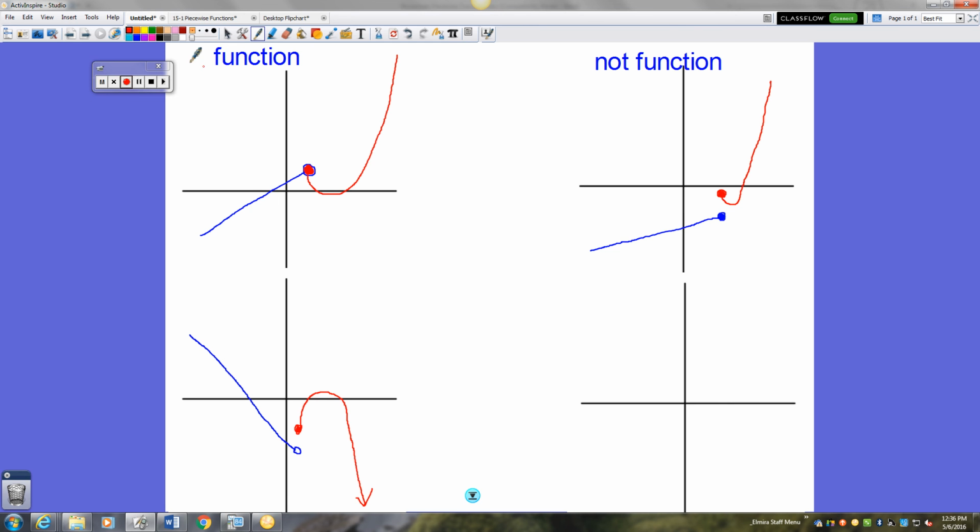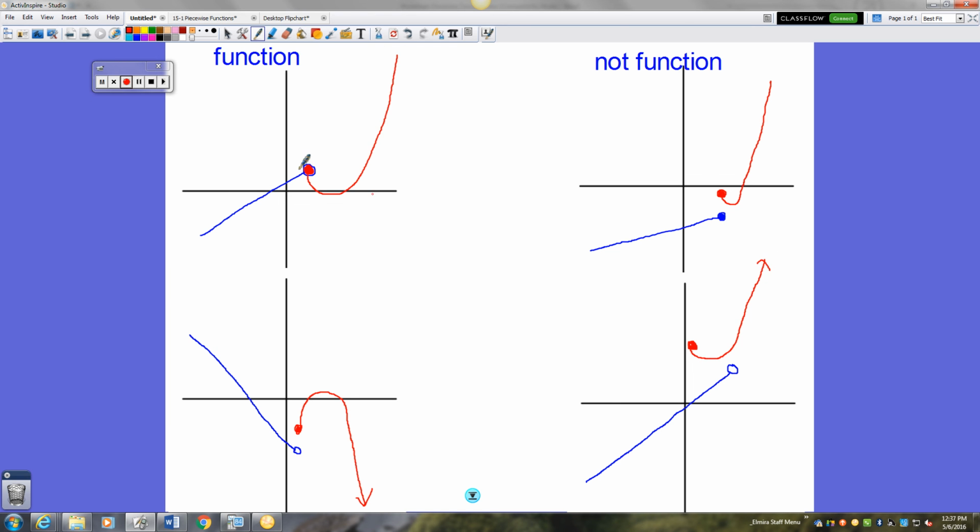Okay? The other way it's not a function, and this has nothing to do with dots anymore. We don't care. This example will not matter what the dots do or don't do. If I have one function here, and I have the other one starting over here, and the dots don't matter right now.